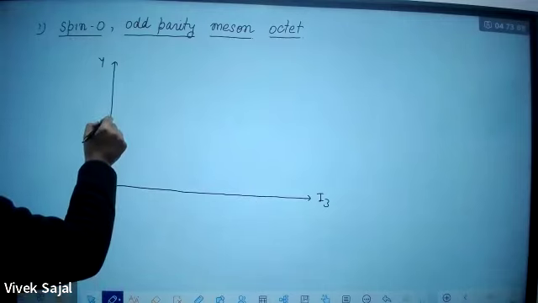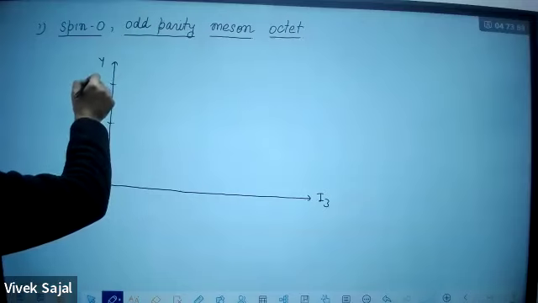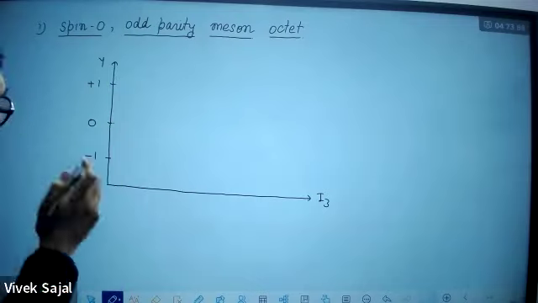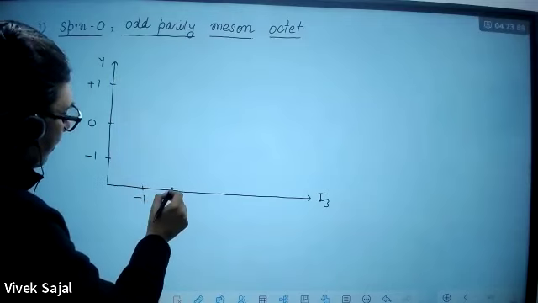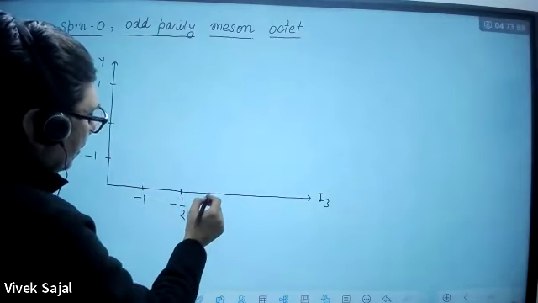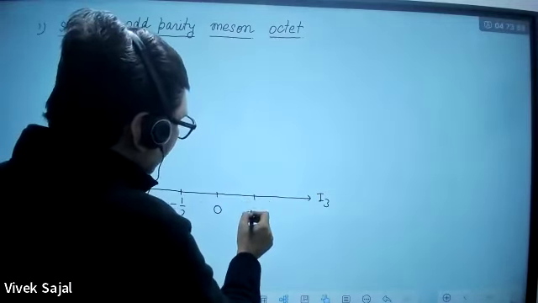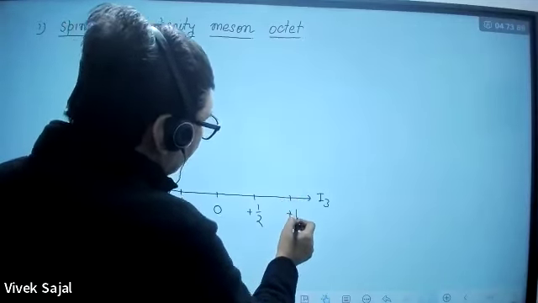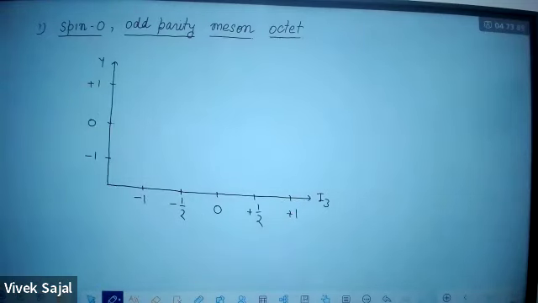I write 0 here, +1 here, and -1 here. On the x-axis it will be -1, then -half, 0, +half, and +1. ठीक है ना? So they have plotted Y as a function of I3.